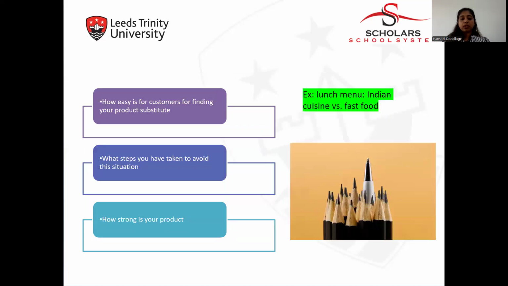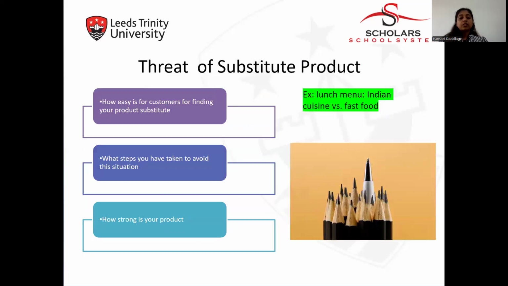When we move on to the next force, which is threat of substitute products, it means how easy it is for customers to find a substitute for your product. So when you are in the market, you have to think of substitute products for your product. Say for example, if you are running an Indian restaurant, you have to think of other types of restaurants, including fast food, which are available for customers to use as substitutes.